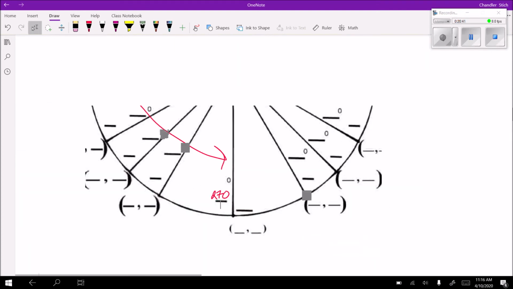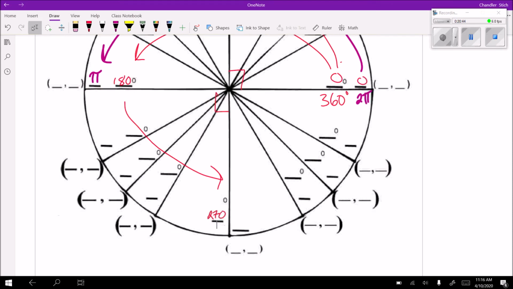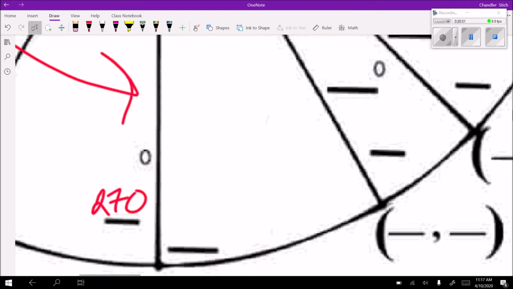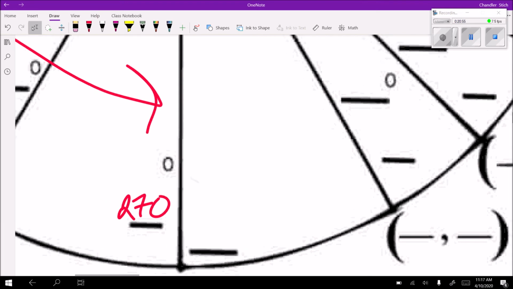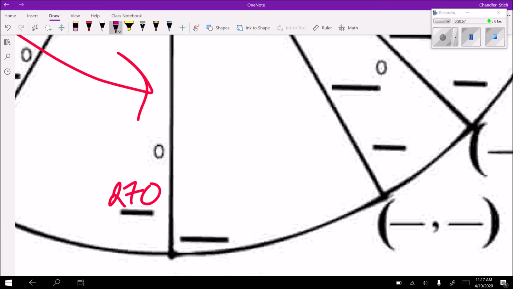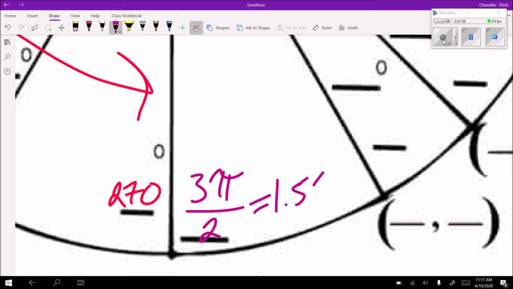All right, 270 degrees. Again, that is 90 plus the 180 gives me 270. My radian there would be 3 pi over 2. What this is, 1.5 pi.